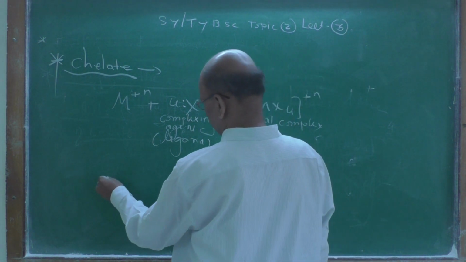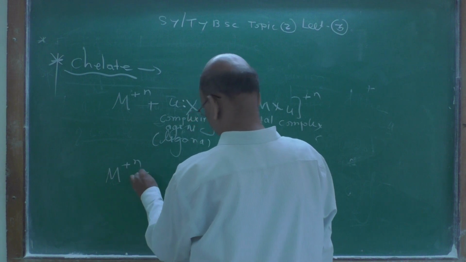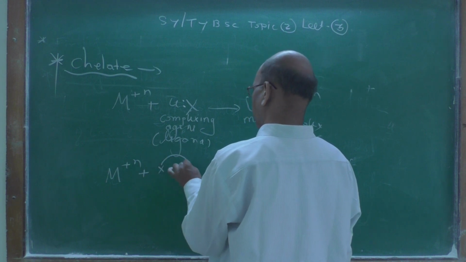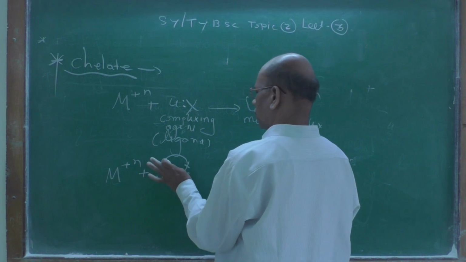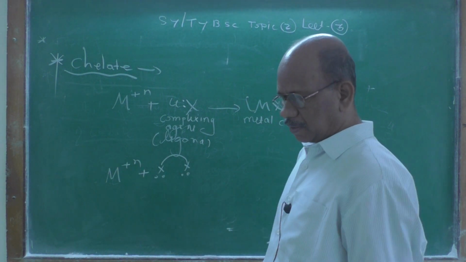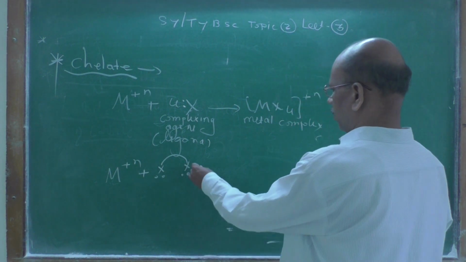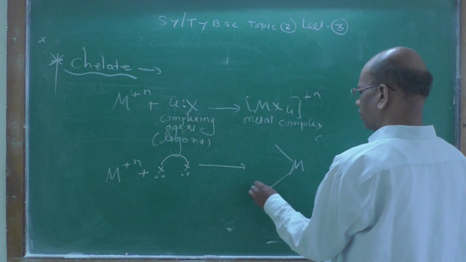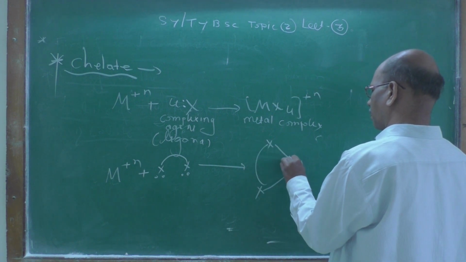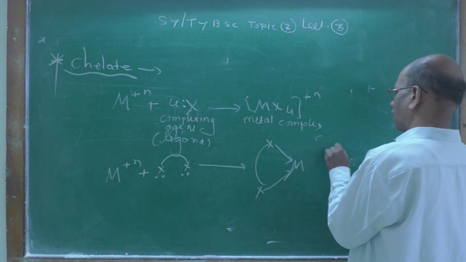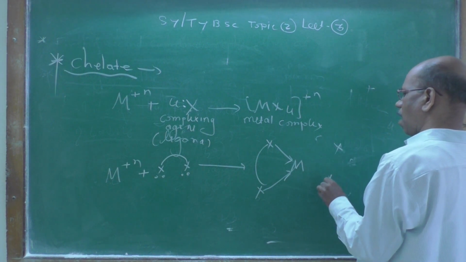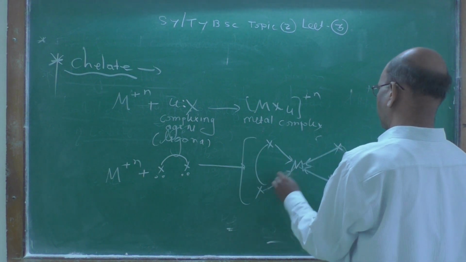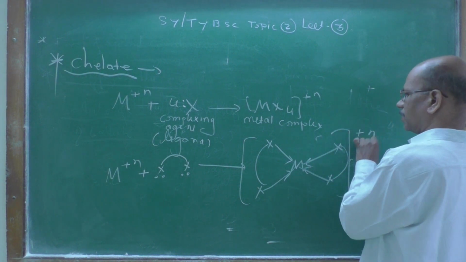I consider another case. Suppose M n+ combines with an XX type of ligand. X has two lone pairs of electrons, and here we get the formation of again a complex like this, which again has n+ charge.